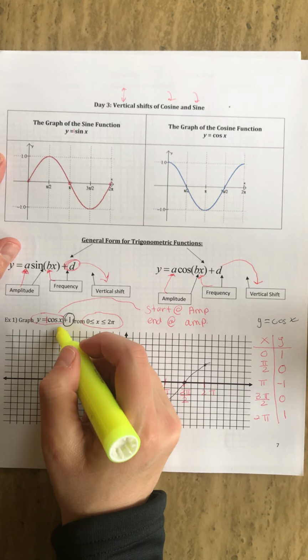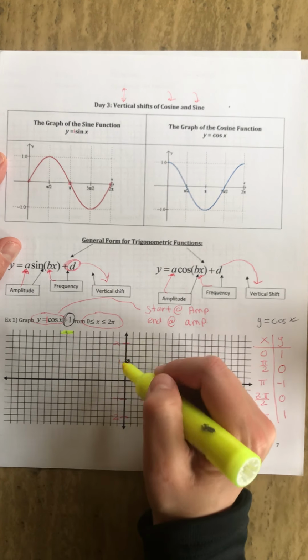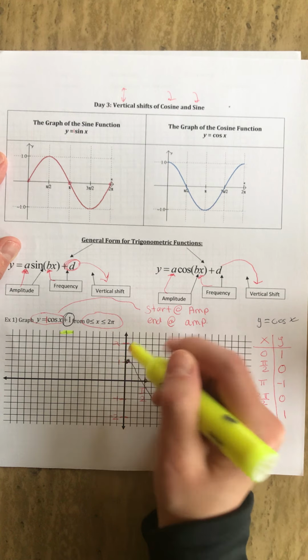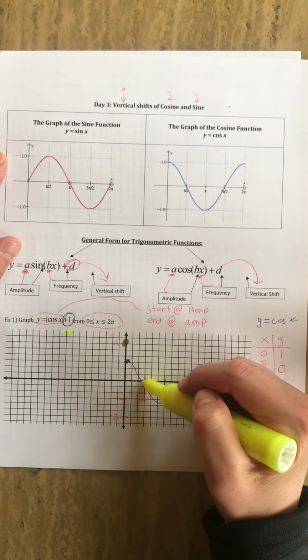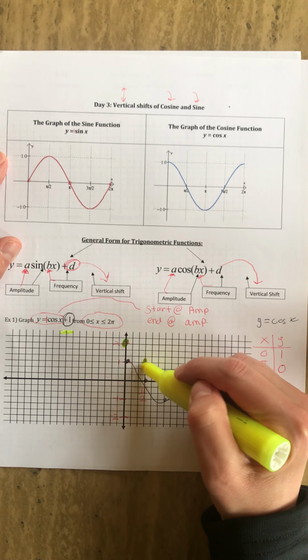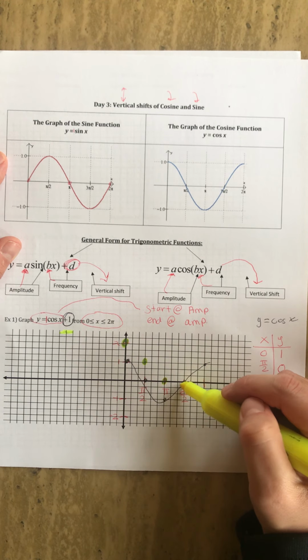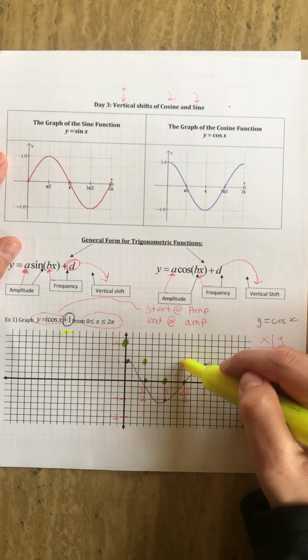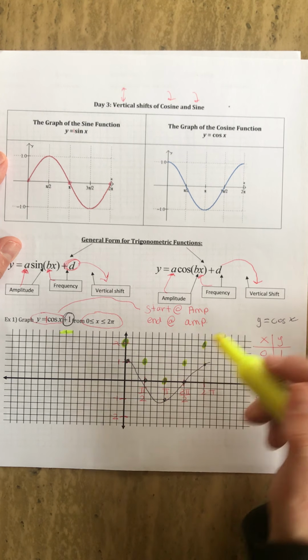Now this +1 means that we moved every point up 1 point. So if this was at 1, the vertical shift is up to 2. This is at 0, you're going to move this up to 1. This is at -1, move this up to 0, move this up to 1, and move this up to 2.